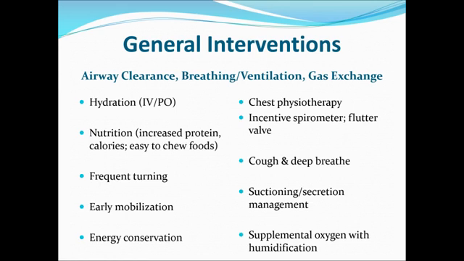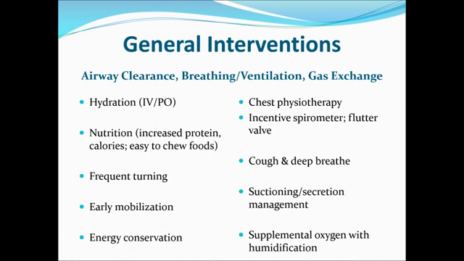Then there's the issue with impaired gas exchange. So this problem is actually down at the alveolar capillary membrane. So you'll see this in a patient with pneumonia, atelectasis, or pulmonary embolism. Here's the thing.